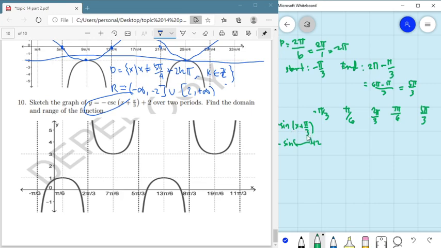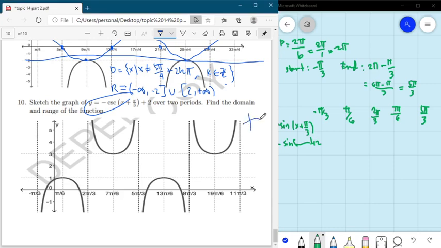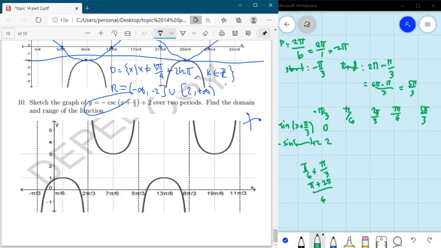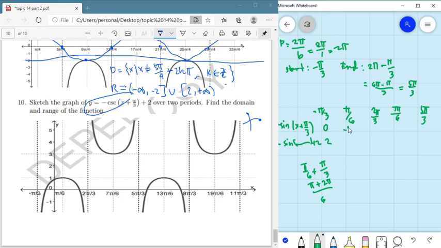Sine of 0 is 0. Then times negative is 0. And then plus 2 is 2. Pi over 6 plus pi over 3, it's over 6, so pi plus 2 pi, 3 pi over 6 or pi over 2. Sine of pi over 2 is 1, times negative is negative 1. And plus 2 is 1.